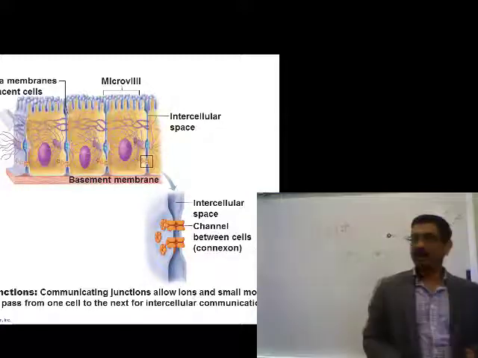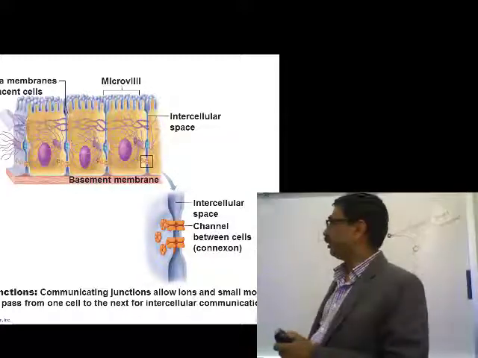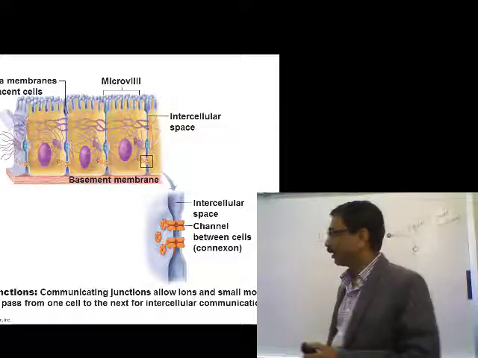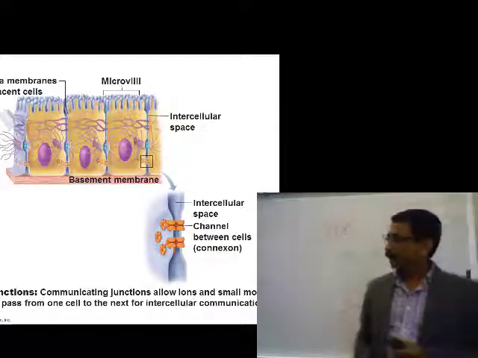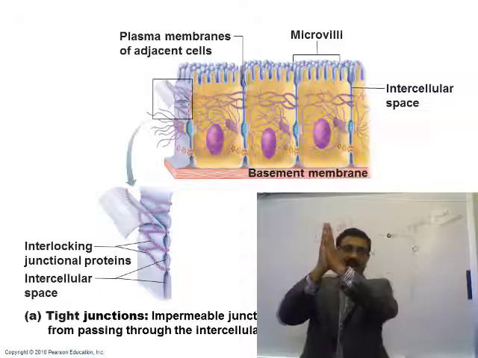So here you see what the tight junction looks like. This is one cell membrane, this is another cell membrane. They are attached to each other, and now if you stitch them together, stitching, okay, that's how the tight junction is.